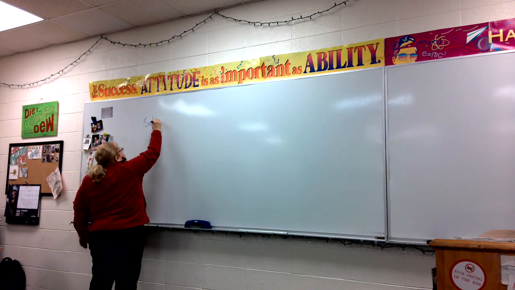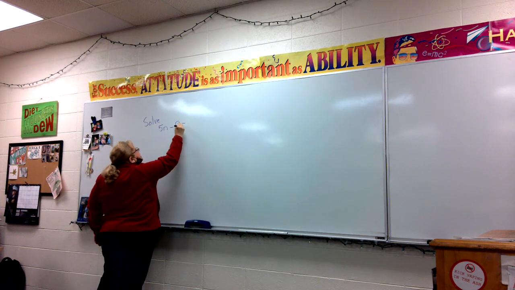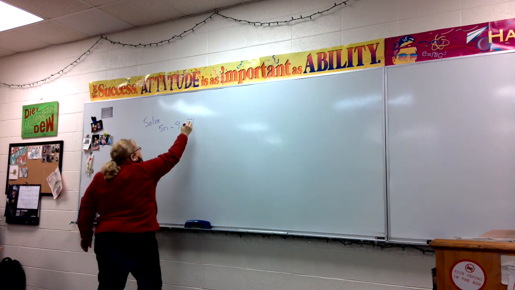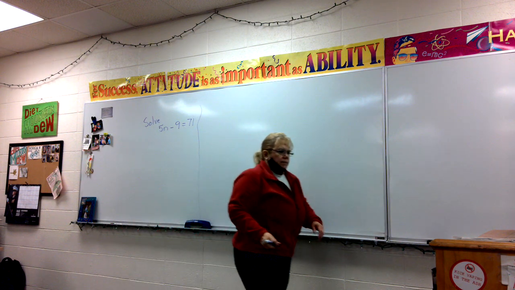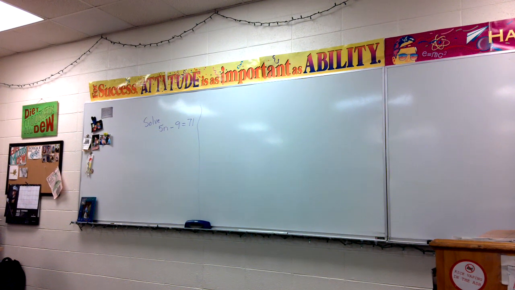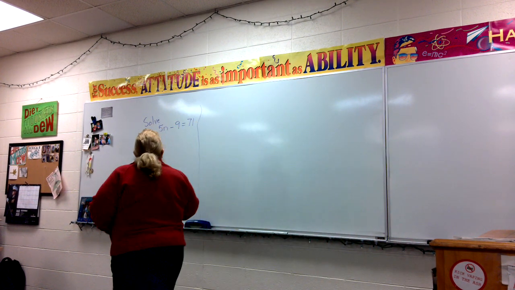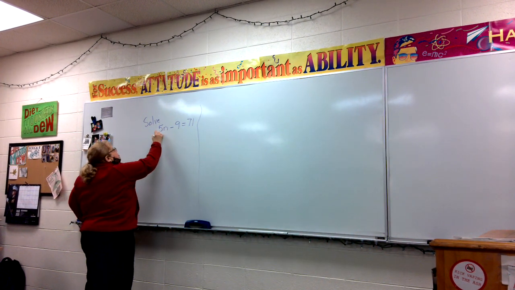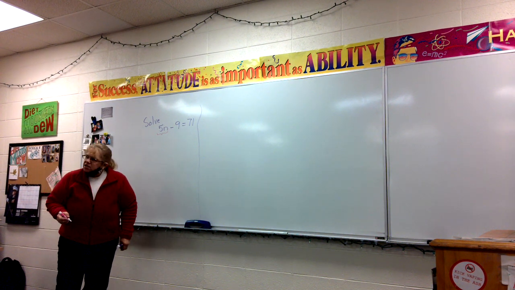Solve 5n minus 9 equals 71. Now, when you do that, you want to do things in a certain order. What you want to do is get the letter term by itself first.